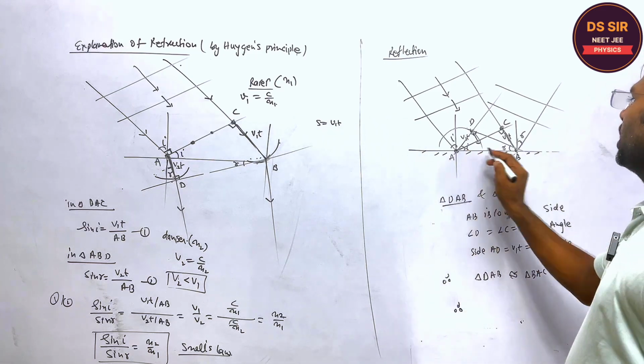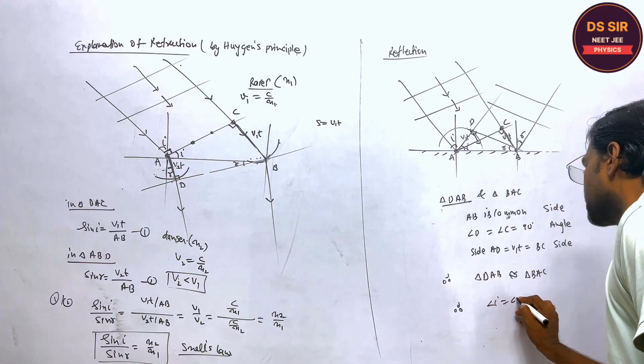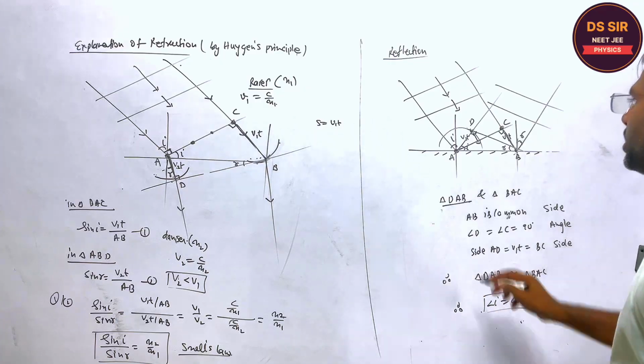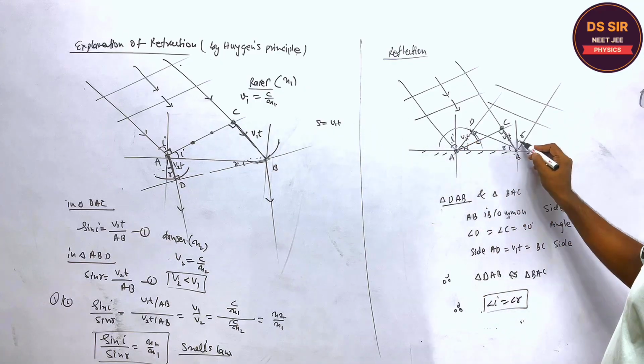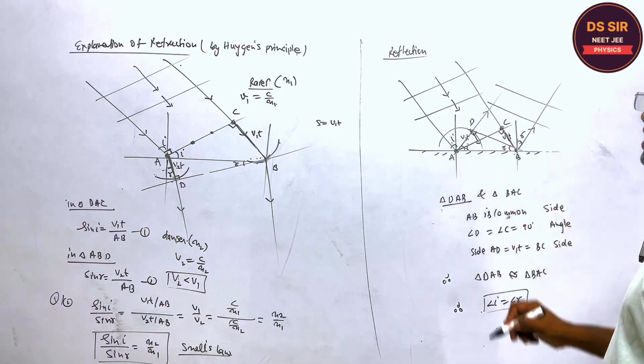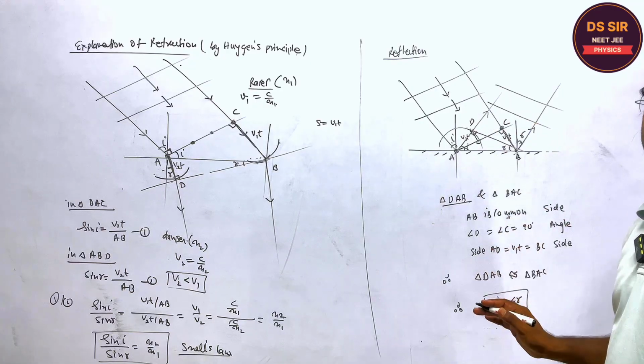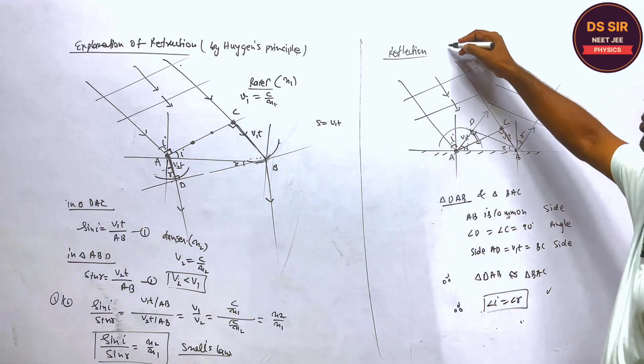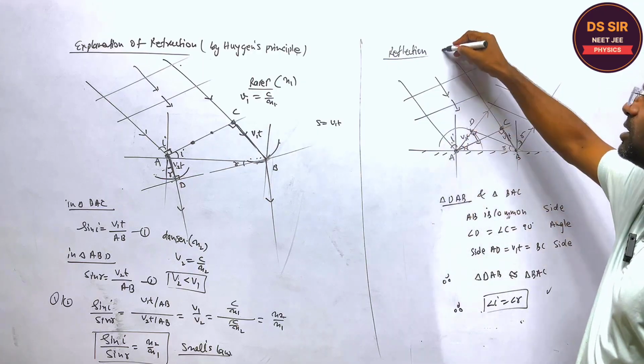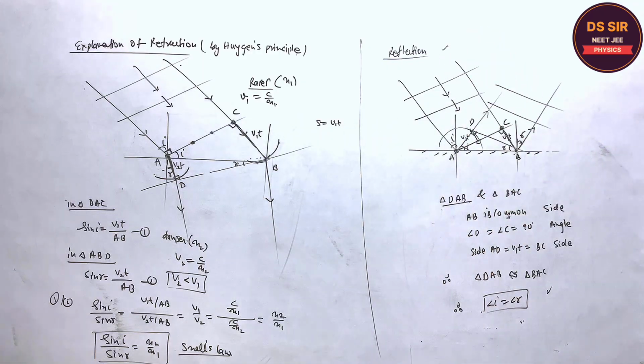Therefore the angle i and angle r are the same. Angle i is the incident angle, angle r is the reflecting angle. So both are the same. So hence proved. So by Huygens principle, the reflection can also be proved, right?